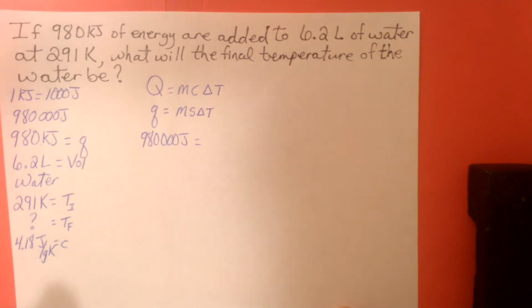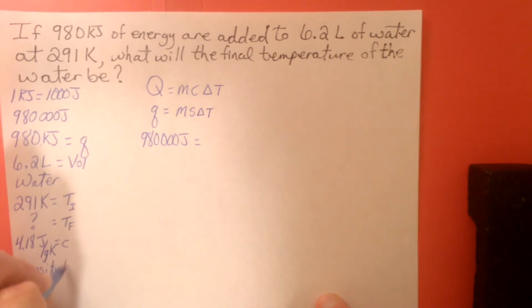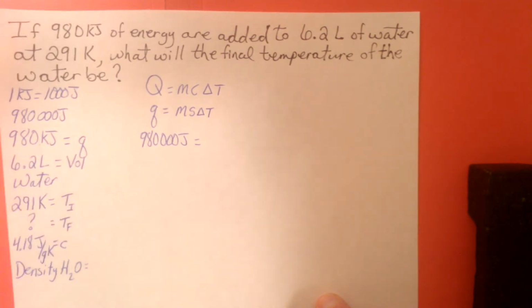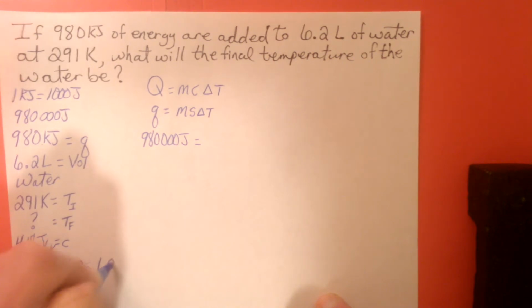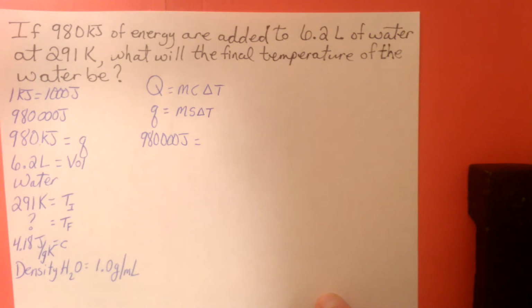Our mass, oh, they didn't give us a mass. They gave us a volume. Now, you're far into the chemistry course, so hopefully by now you've been introduced to density. And you know that the density of water, in the liquid state, is 1.0 grams per milliliter. We have 6.2 liters.